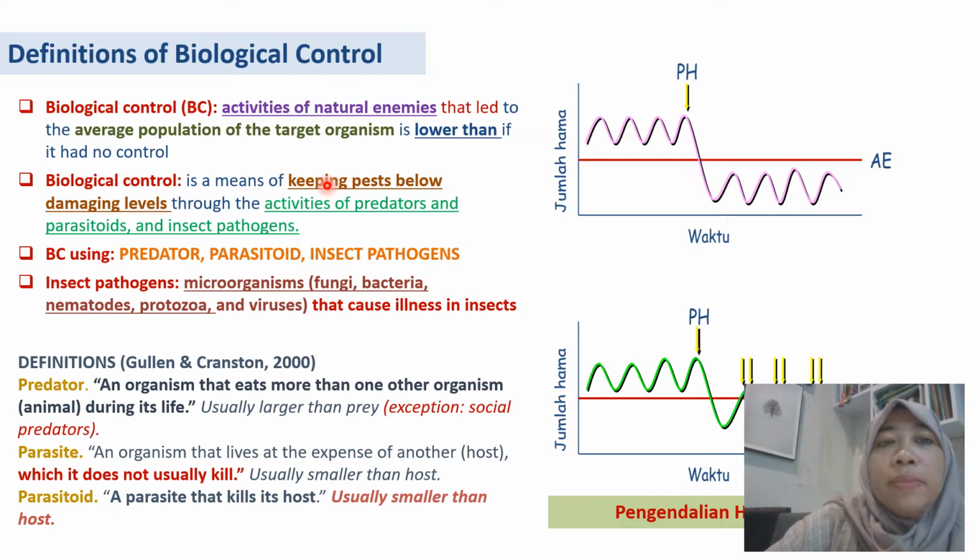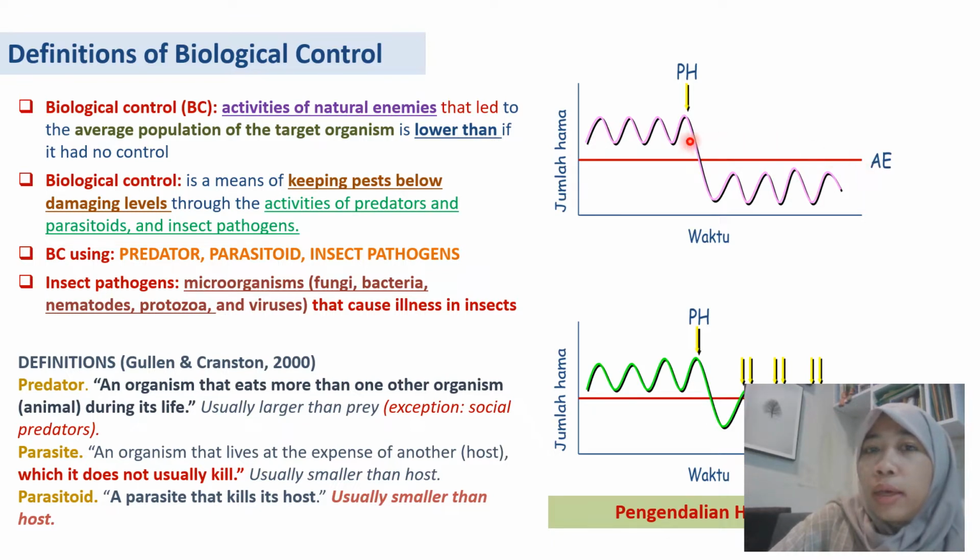And now we study about the biological control. What is the biological control? Biological control, PH ini adalah pengendalian hayati or biological agent. Activities of natural enemies that let the average population of the target organism be lower than if it had no control. As you see in the pictures, this is the economic threshold.